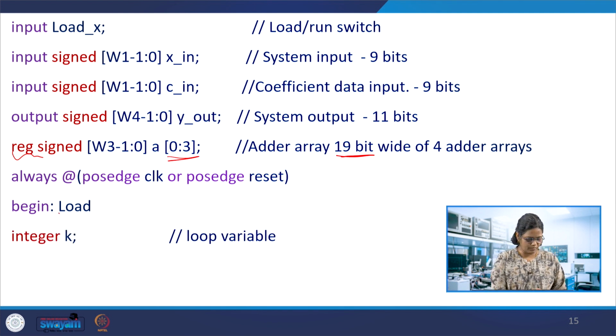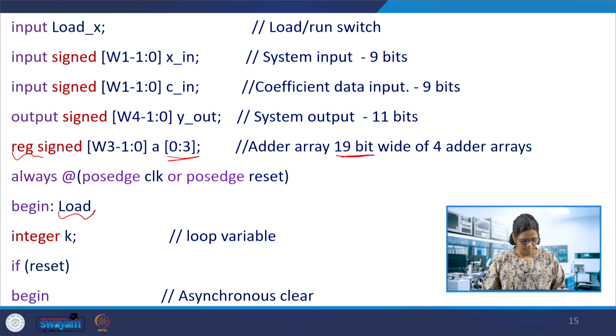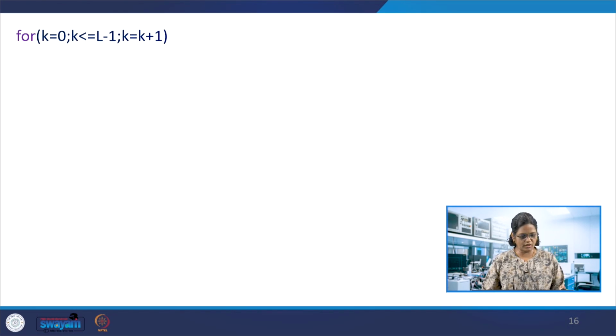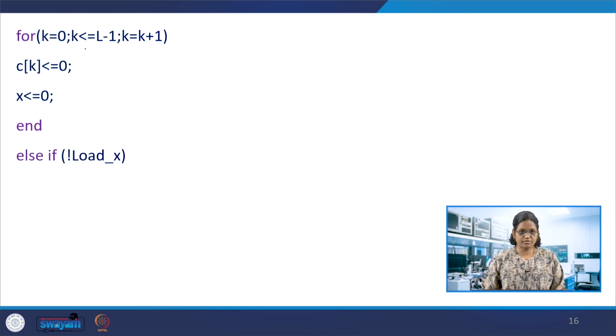The begin block has a name, load, which is optional, and you can give integer k. For this, if reset is true, then begin asynchronous clear here, for k equal to 0 to L minus 1, the length of the filter, k to k plus 1, all coefficients make it 0, that is x is also 0. Clear them, initialize these arrays to 0.